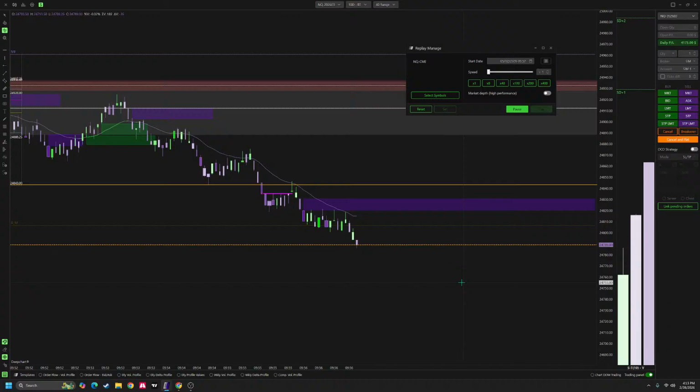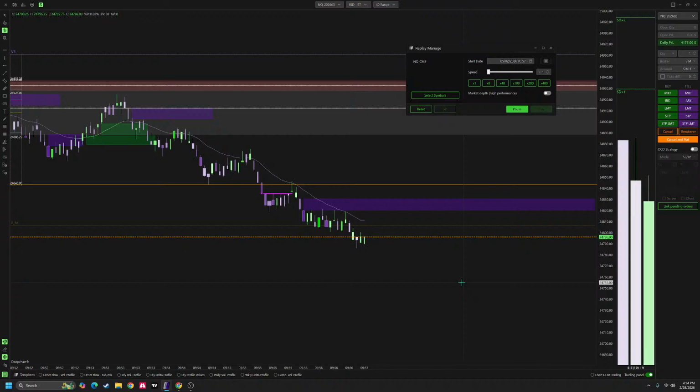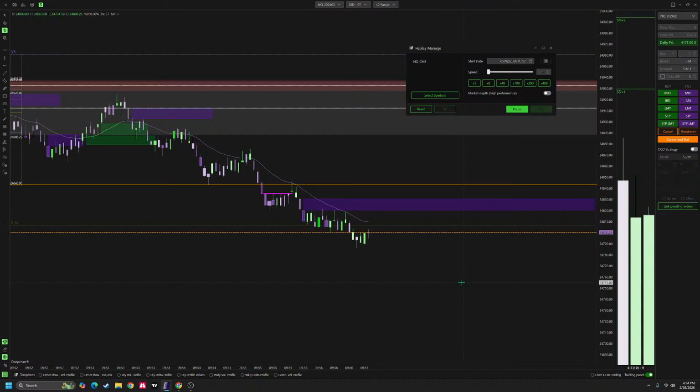Still have some downward momentum. Price is crawling lower. We broke through that 50% range. Aggressive buyers are getting a little bit absorbed, but they're stepping in to defend.